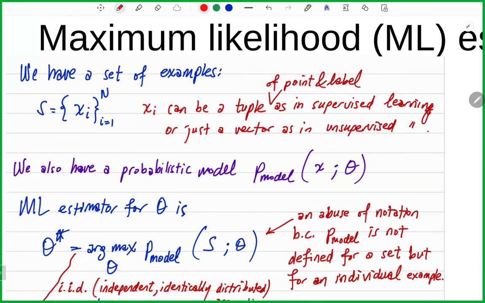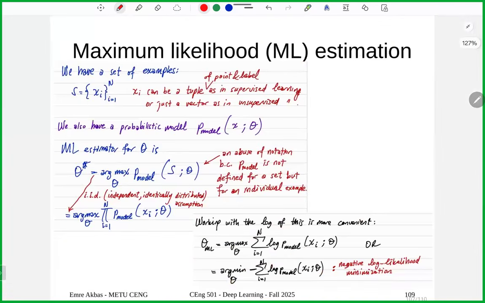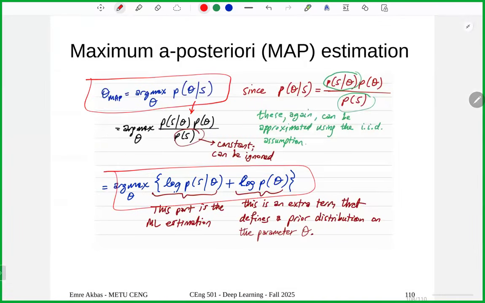So it's not related to supervised or unsupervised learning. These two approaches are two ways of finding the theta when you assume a probabilistic model. You can apply it to unsupervised and supervised settings, and generative and discriminative as well.